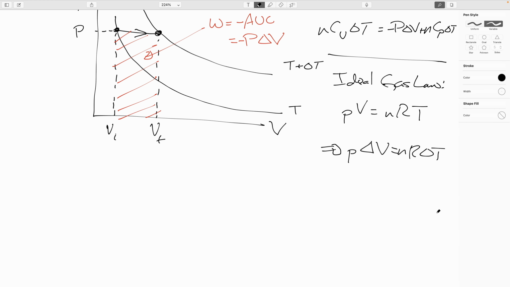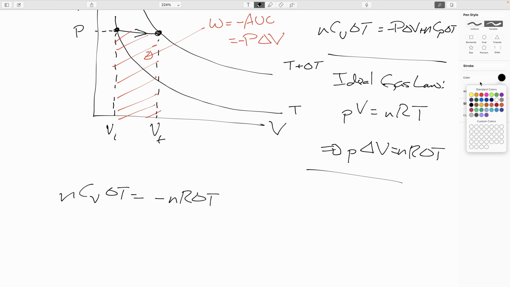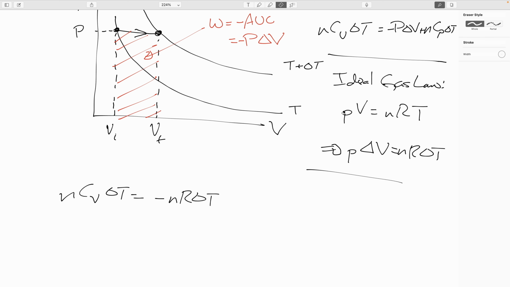So going back to what I had before, I can now say that n CV delta T equals minus nR delta T. Sorry, why did I write lowercase p's there? That was silly of me. There we go.